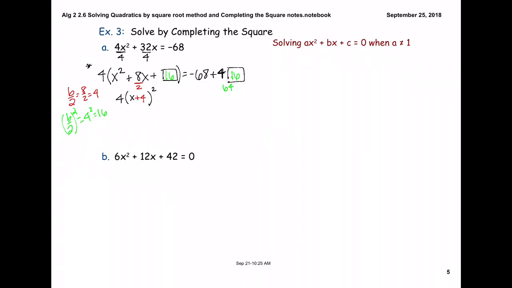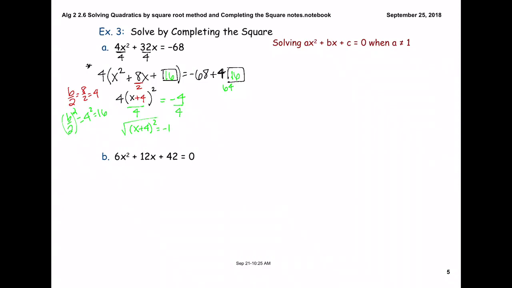So negative 68 plus 64 gives us a negative 4. So we're going to divide by 4 to isolate our squared term first. So we have x plus 4 squared equals negative 1.